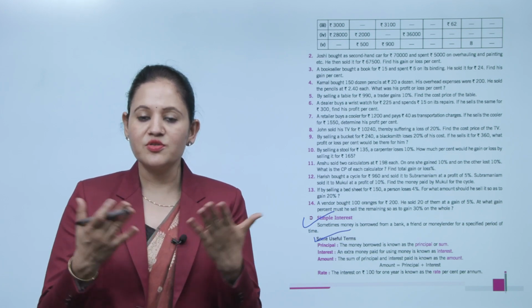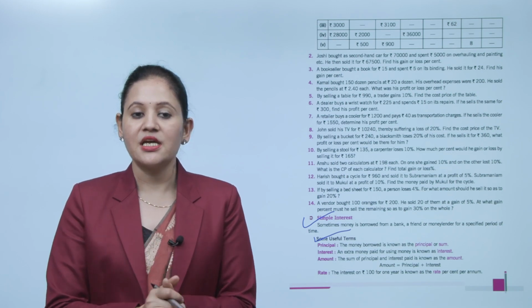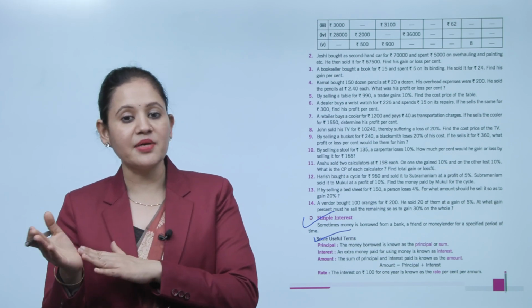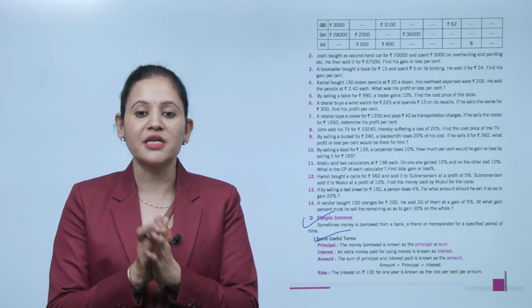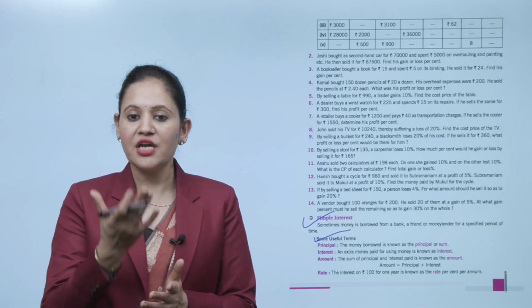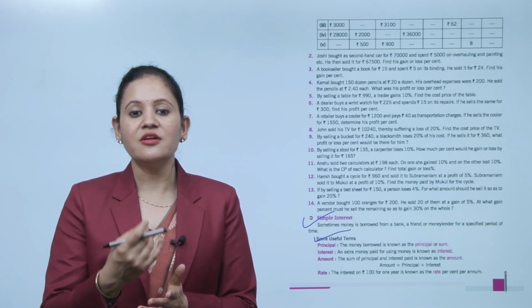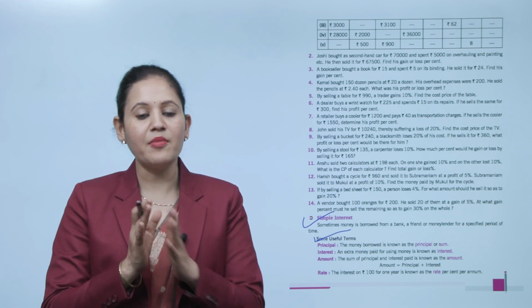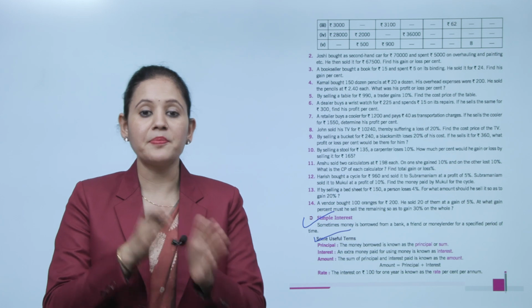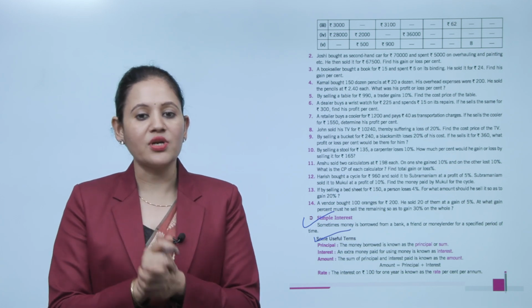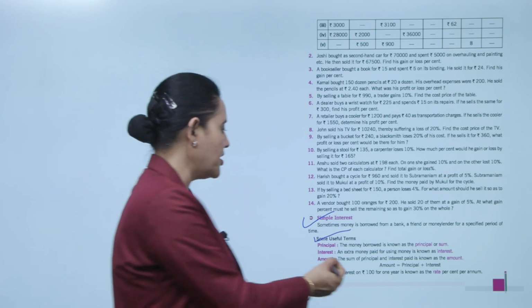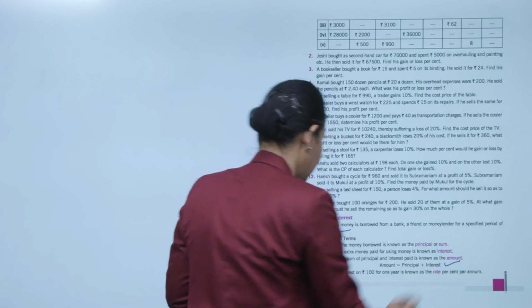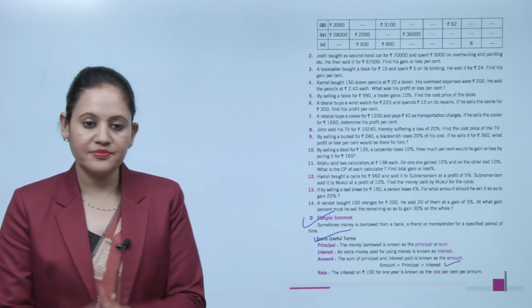Interest: the extra money paid for using that money is known as interest. When we are using that money, for that we give some extra amount, that is known as interest. Amount: the sum of principal plus interest paid is known as amount. So amount equals principal plus interest. Now rate.